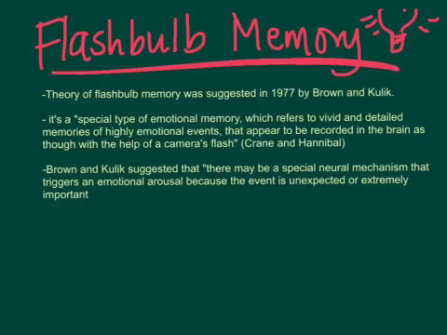So, if you had to guess, can you think of a mechanism in our brain that's associated with strong emotional memories? Overall, remember that this is all taken from your book, from the Crane and Hannibal textbook on pages 91 and 92. So this is just reiterating that stuff.